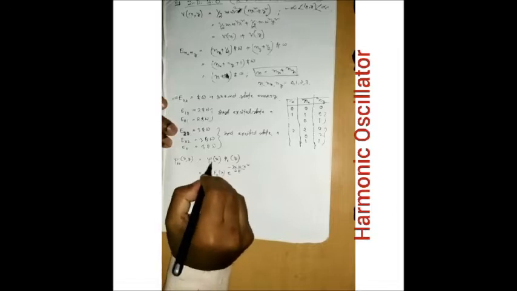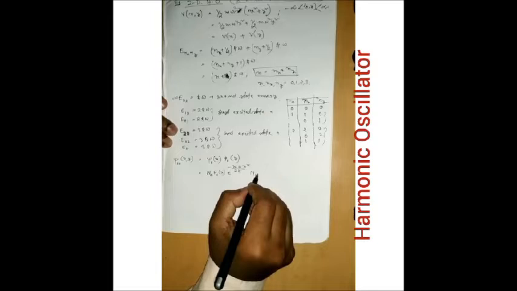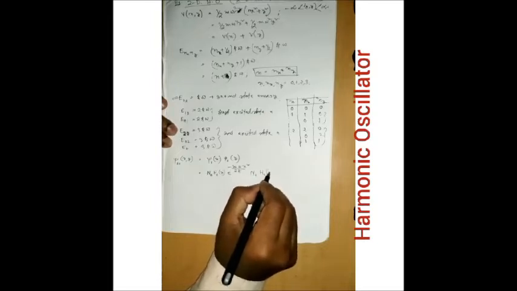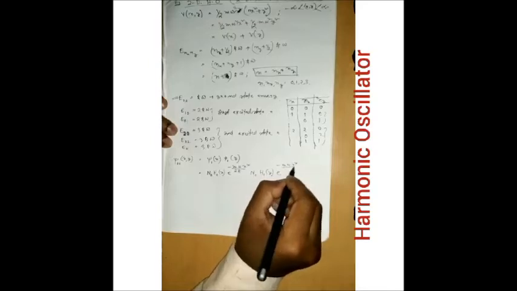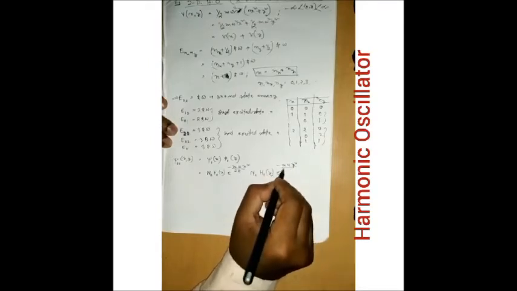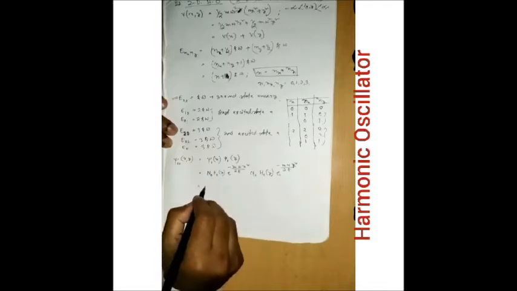So this is the wave function for psi 0 of x. For psi 0 of y it will be again N naught, H naught of y, and e to the power minus m omega y squared upon 2a squared. Clear? N naught and N naught, I can write N naught squared.